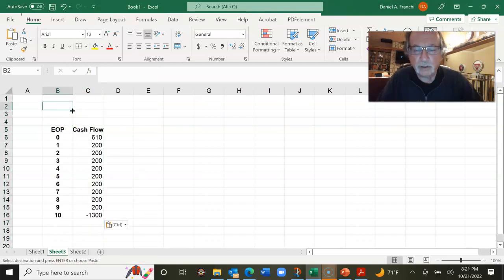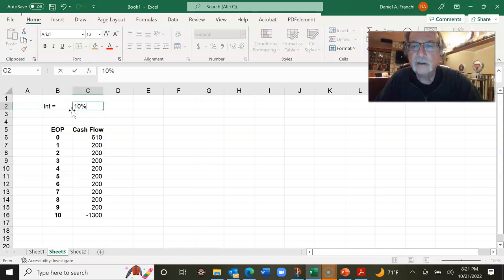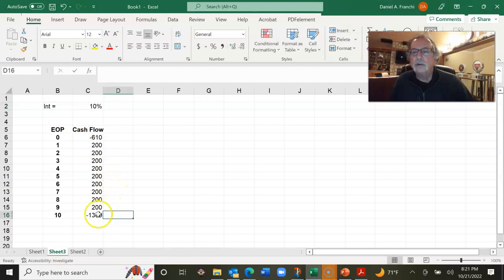And our minimum rate of return, our interest rate, is 10%. Let's expand this a little bit.